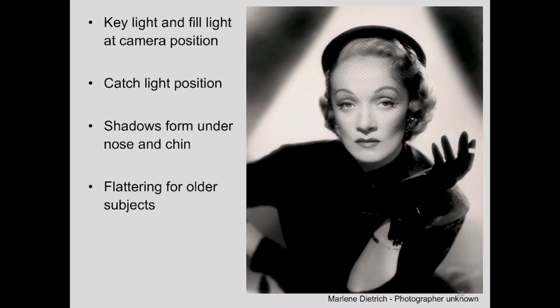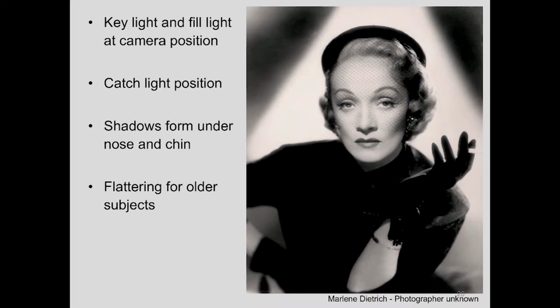So how do you create this wonderful lighting pattern? Try this with one light only first on the subject. The key or the main light should be placed at the camera position and around a 45-degree angle downwards towards the subject's face. You'll be able to see the shadows form under the nose, eyes and chin.